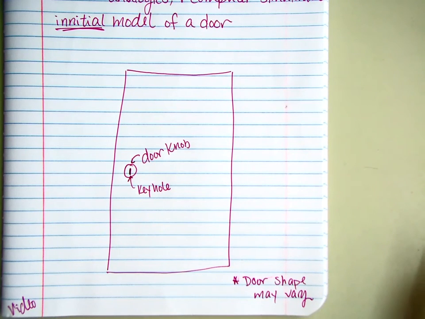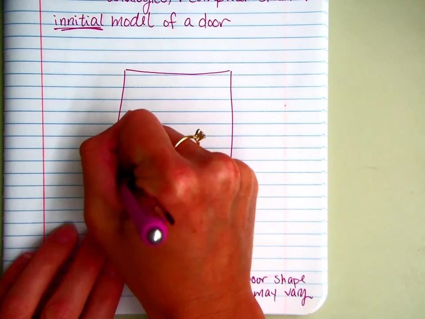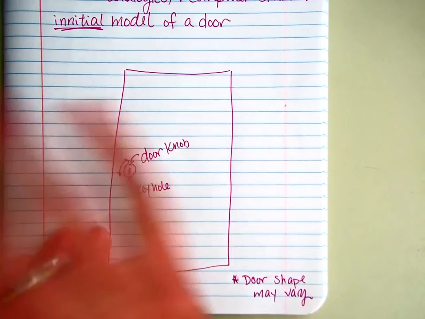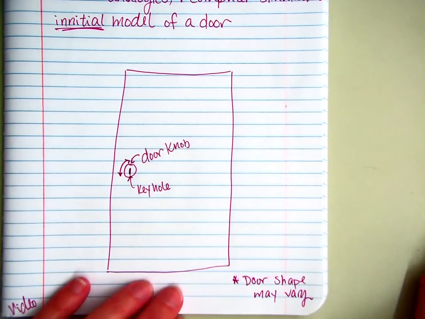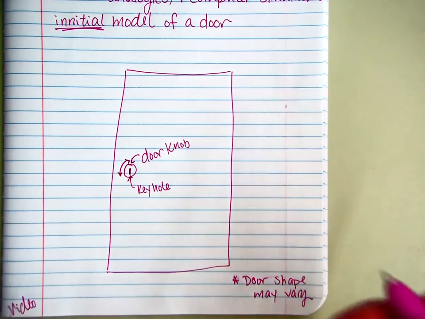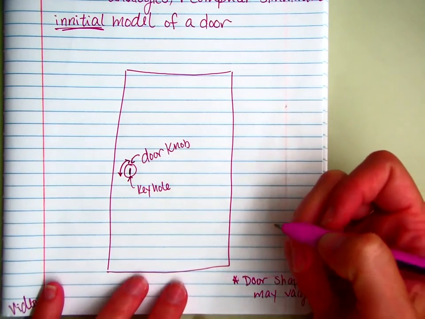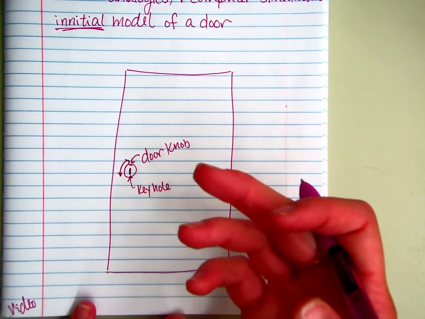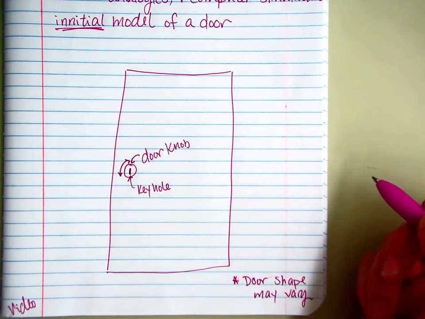So what does a doorknob do? Well, a doorknob turns. So we add some arrows here to show motion, that the doorknob is turning. And doorknobs, what their job is when you turn them, something happens. So what happens when you turn a doorknob?